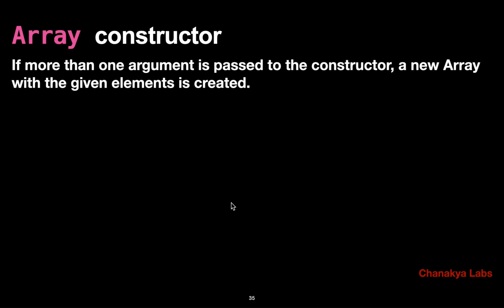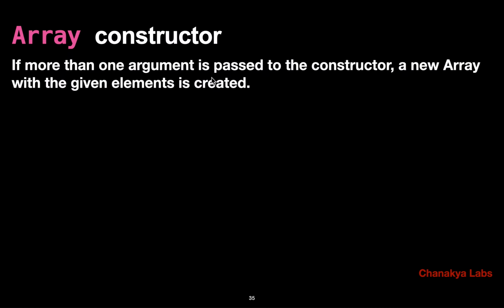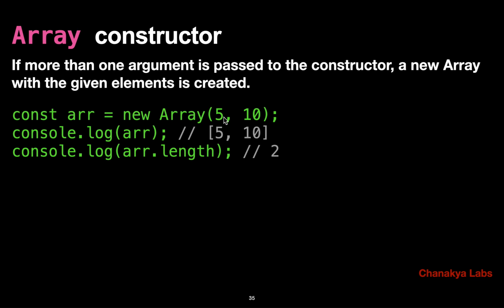Now there is something called the array constructor. We have already seen this sort of constructor where only one item is passed. If you are passing more than one argument, let's say instead of one argument I have passed 5, 10, then a different behavior happens. It does not create a new array with length 5.